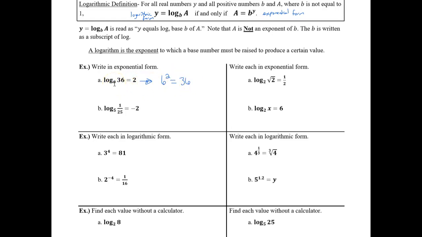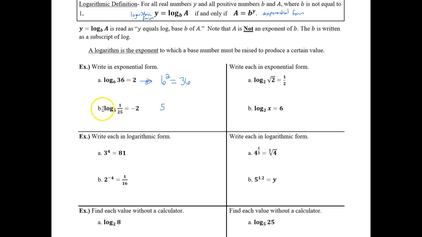We can see how these two things are equivalent, and it makes a true statement. Start with the base. Logs equal exponents, so figure out what that log equals. Then in exponential form, that will equal a, the only number you haven't used yet. Let's look at this next one. What's the base? The base is 5. So when I write it exponentially, my base will be 5.